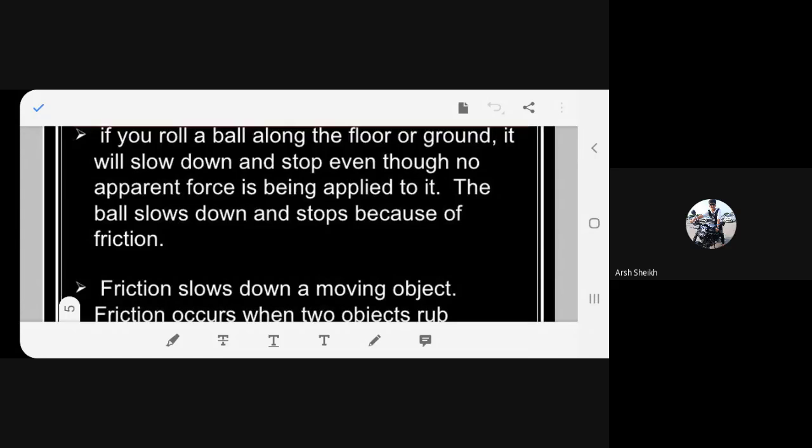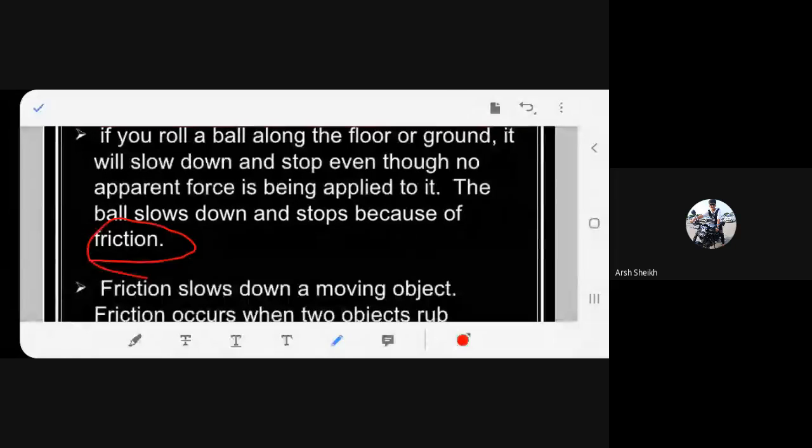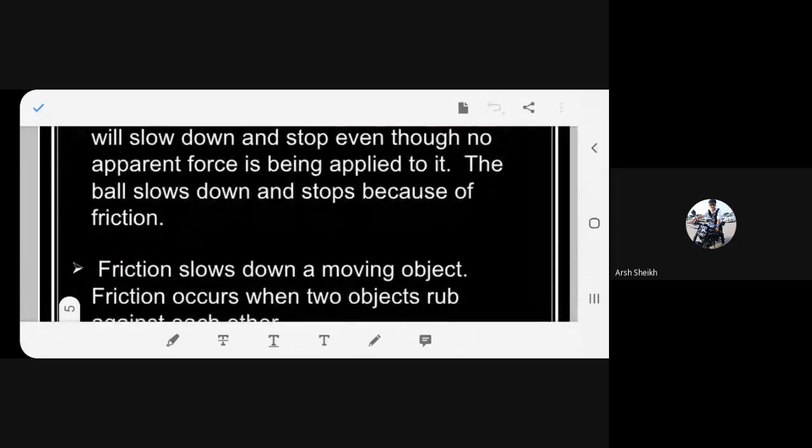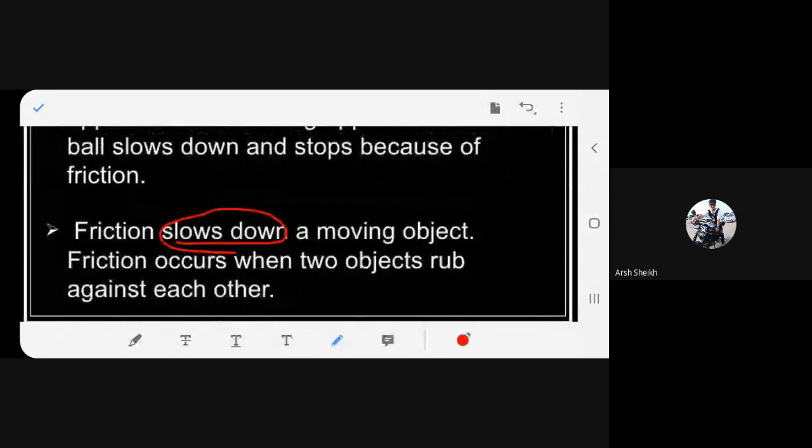Why does the ball slow down? Why does it stop? It is due to friction. Friction is slowing down an object.